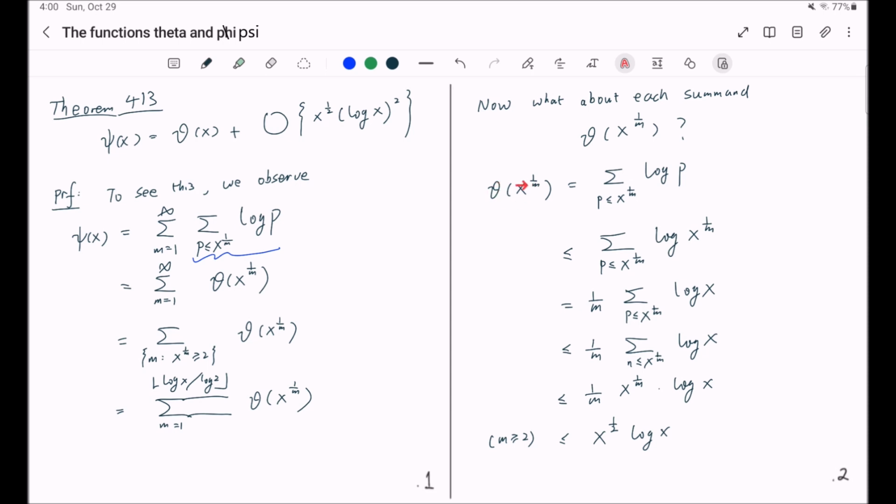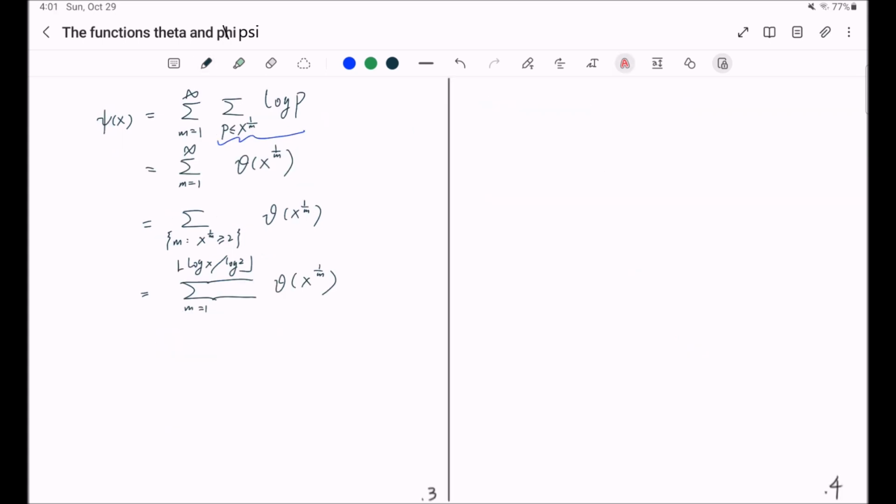And now we are going to plug this estimate for theta of x to 1 over m back into here. So what do we get? By splitting it into two parts, for m equal to 1 and for m greater or equal to 2. We first single out the summand when m is equal to 1, which is simply theta of x.